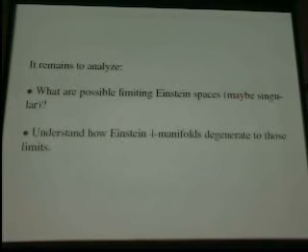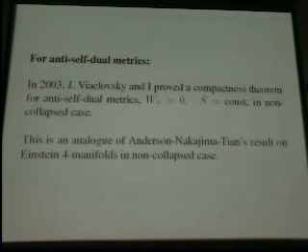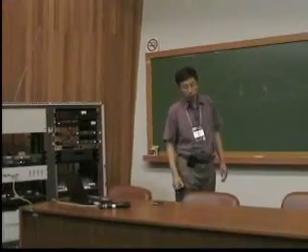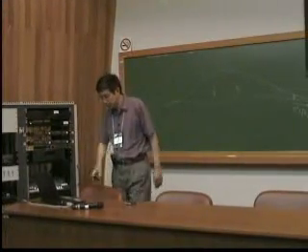In order to finish, this is work in progress. There are also some results for anti-self-dual metrics, where we need more assumptions in the results, like in a non-collapsed case. Maybe I'll stop here. Thank you.